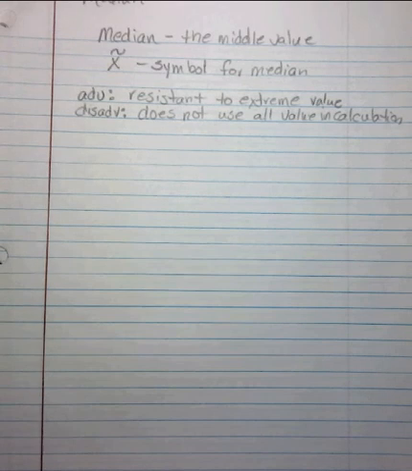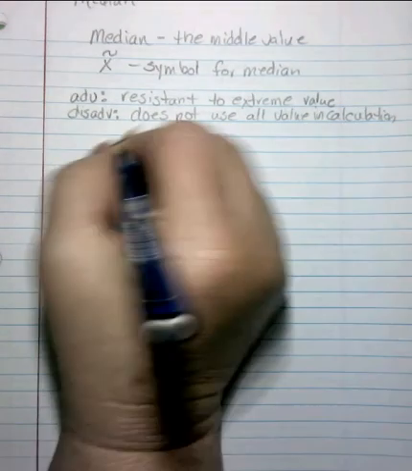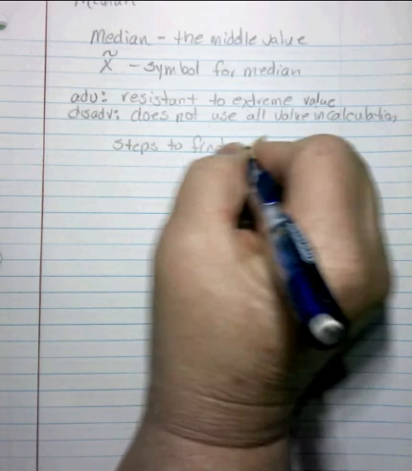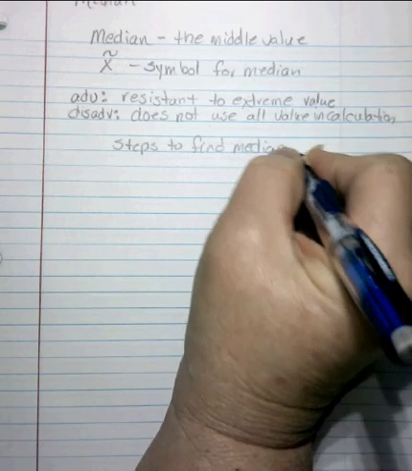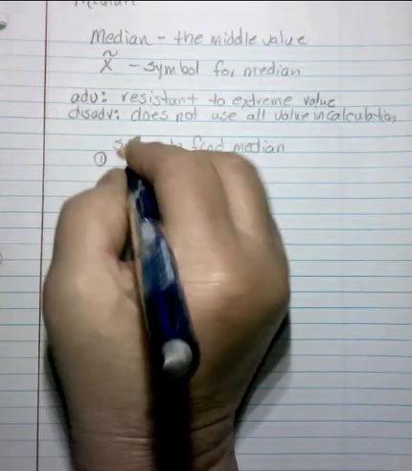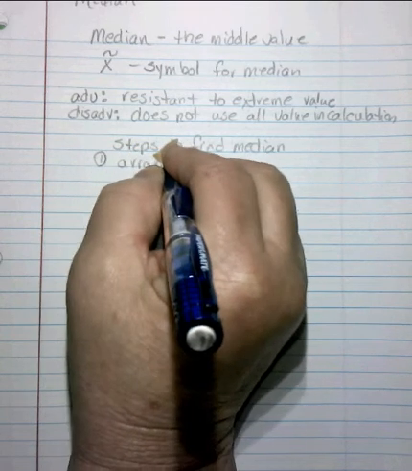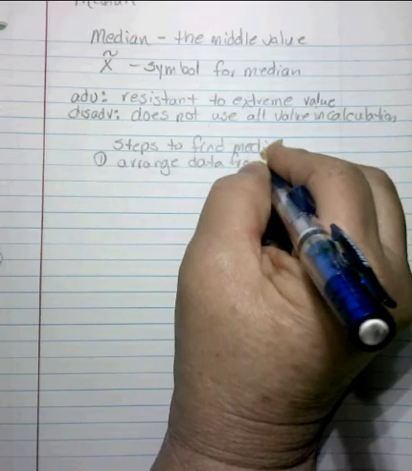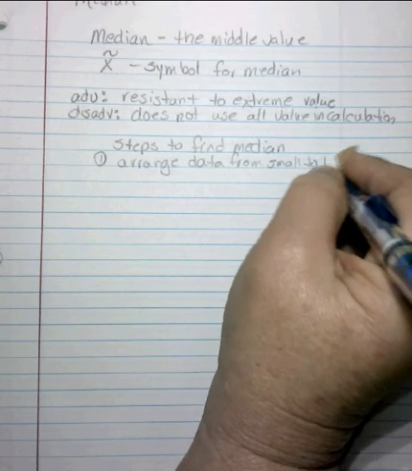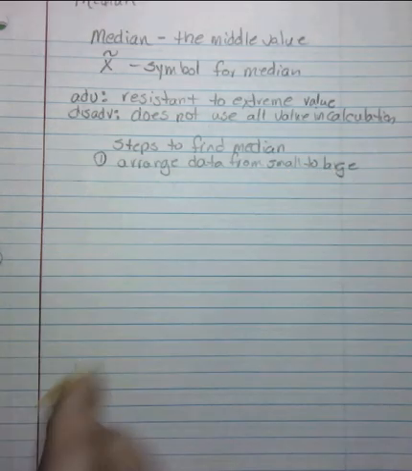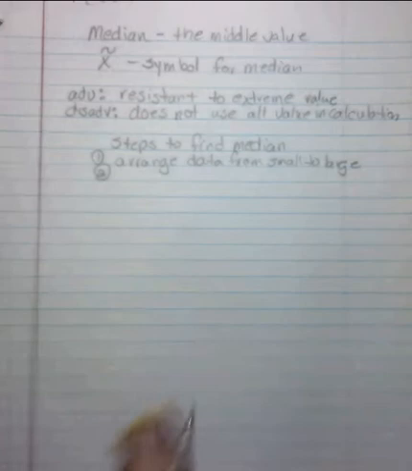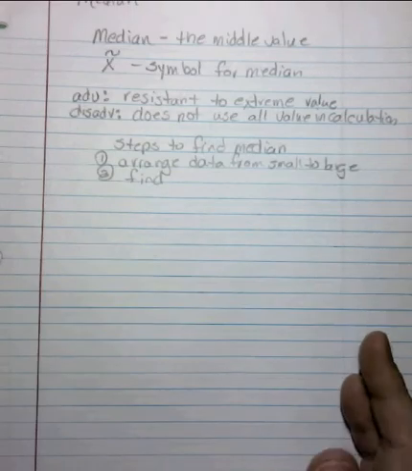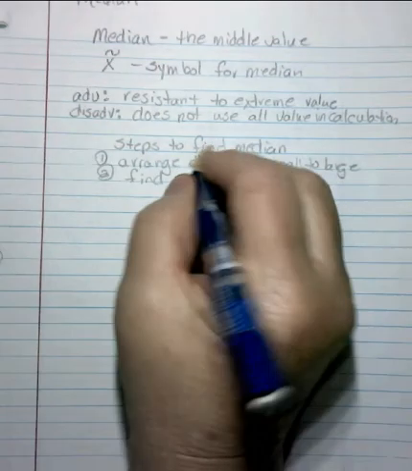All right, the steps to find the median: first, arrange your data in order from small to large. The second thing that you would do is to find the middle value. But it does depend on whether you have an even set of values or an odd set of values.